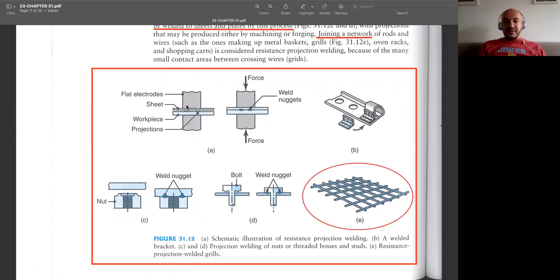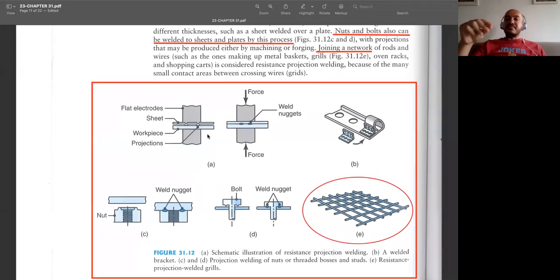Current first will be flowing through these two projections. So heat will be generated at these regions, and these parts will be welded, but not the other regions. So that's a nice feature. You can simply form some projections and then apply your current, and you'll be joining the parts only from these projections. So that's a nice property.